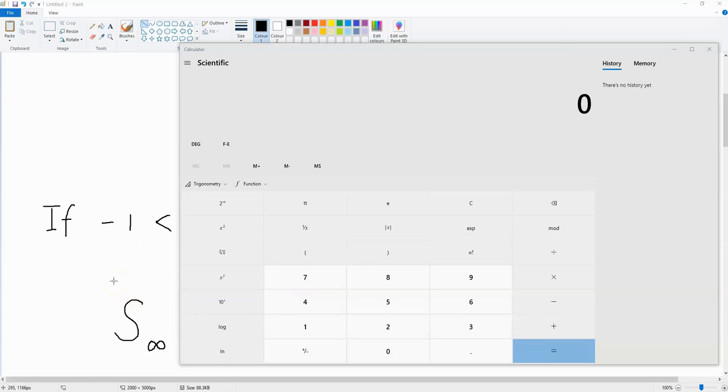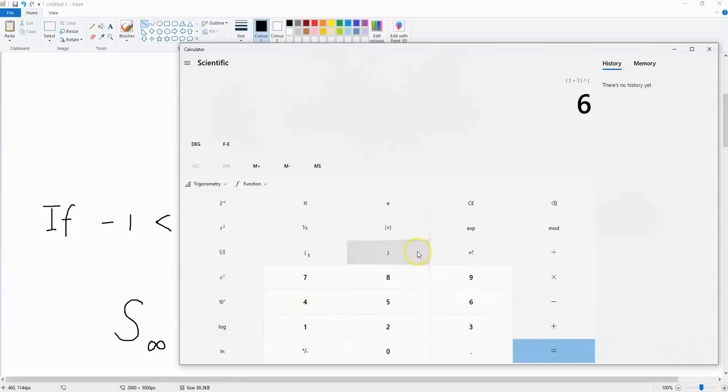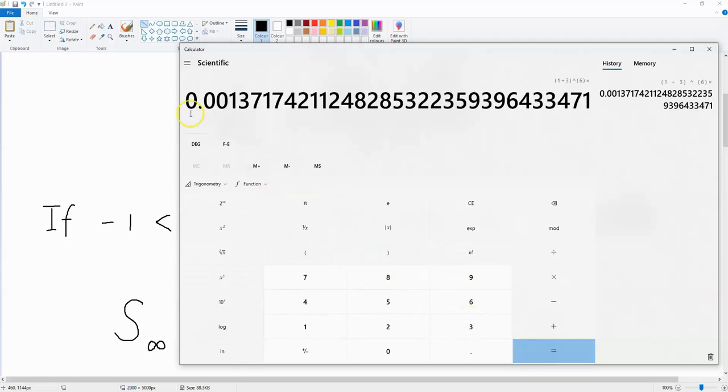As one example, we can see that this should be true using a scientific calculator. If I put 1/3 to the power of 6 in this calculator, I already get a value that is very close to 0.